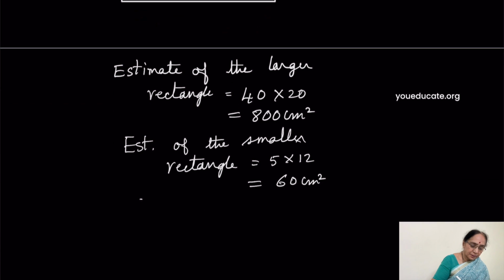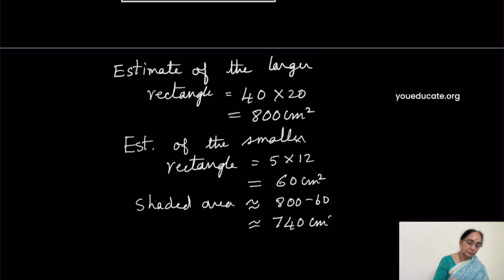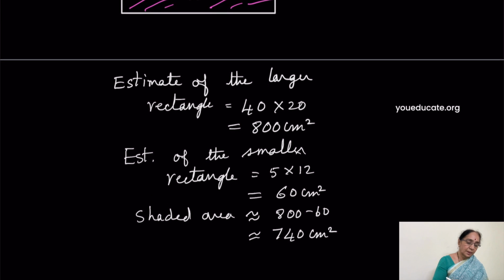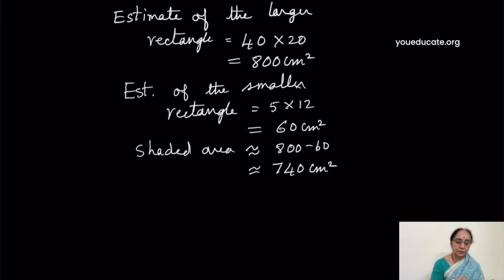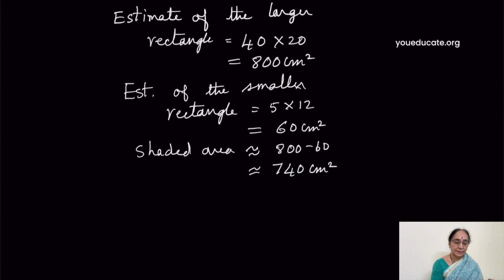So shaded area is approximately 800 minus 60. The answer is 740 centimeters squared. So that will be approximately the shaded area. You can always calculate the exact ones using your calculator and compare with your estimate.